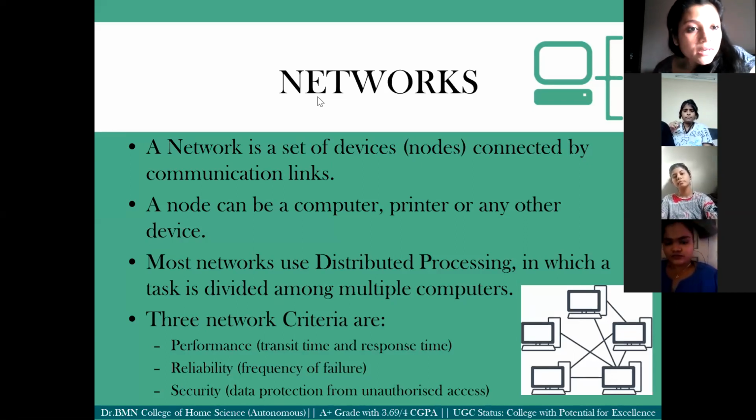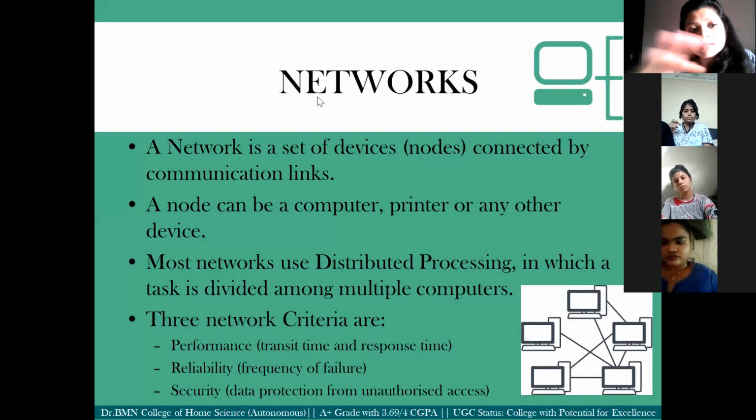Now there's something called distributed processing, which is generally used in networks. Distributed processing means instead of putting the entire load on one computer, one machine, we divide the various tasks among various computers in the network.